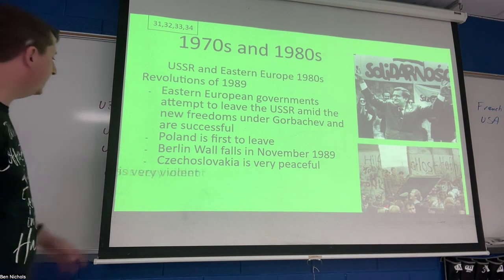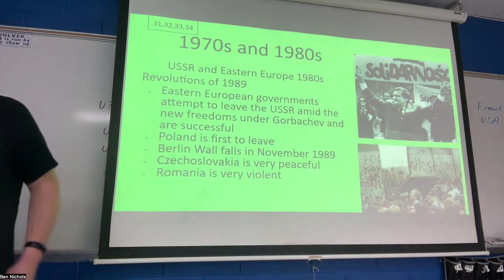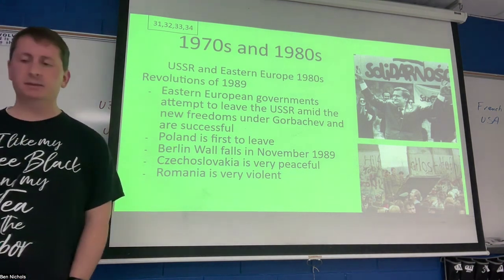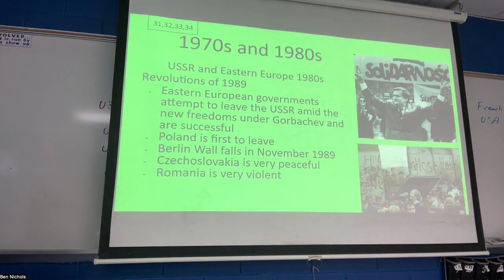Real easy. Romania, people died. Violent. And in Russia, it's similar to Poland. Democratically choose not to be communist. And of course, there's some drama, but not as much as, say, Romania.